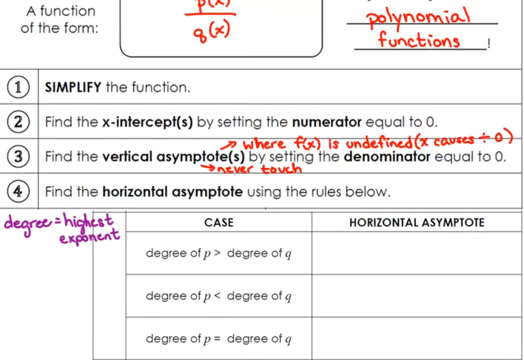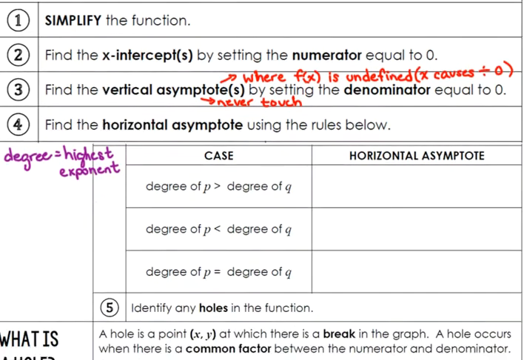So I don't like talking about degree of P greater than degree of Q. I like to just talk about numerator versus denominator. P is on the top, so the first case there is that the degree of the numerator is greater than the degree of the denominator. Not the coefficients. We're talking about the degree, so the exponent.